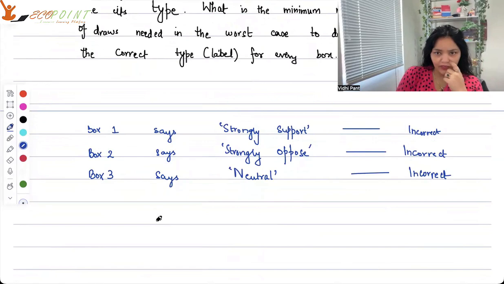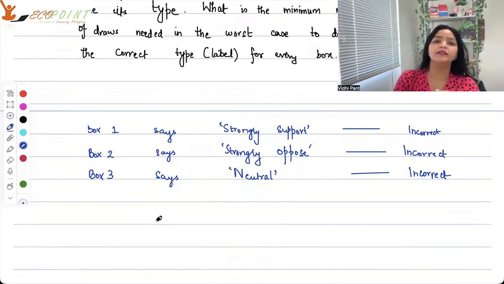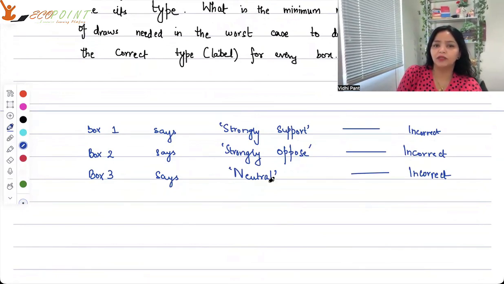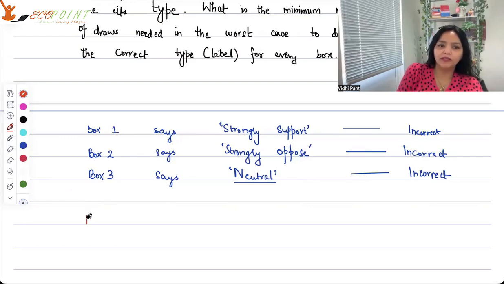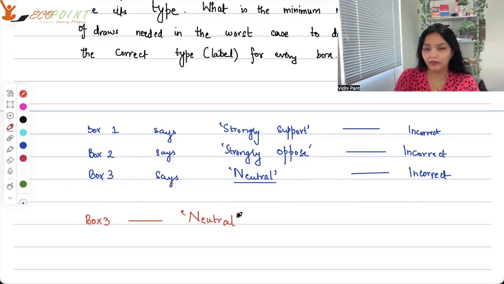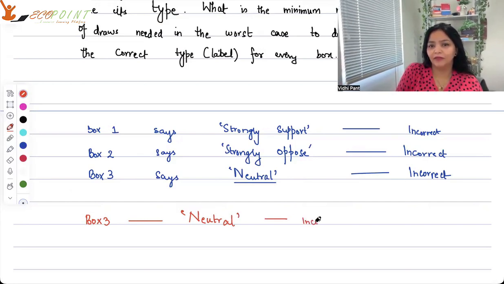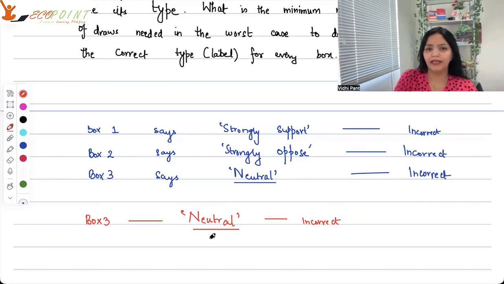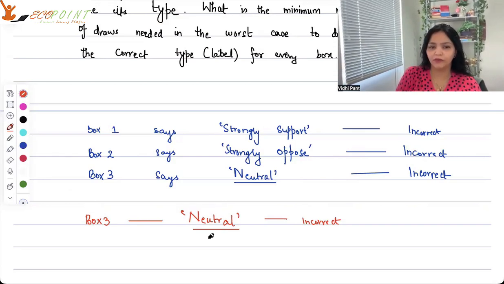In these kind of questions, if you have these three categories, so one is strongly support, one is strongly oppose, and one is neutral, the best strategy is to start with neutral. So let's pick up box number 3. Box number 3 says that it's neutral, but this is incorrect, which means that instead of neutral, it could be anything, strongly support or strongly oppose.